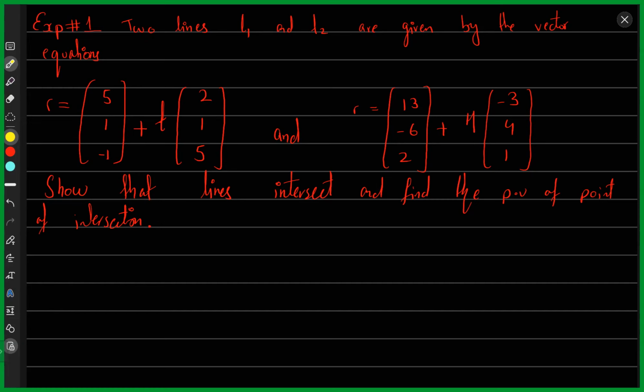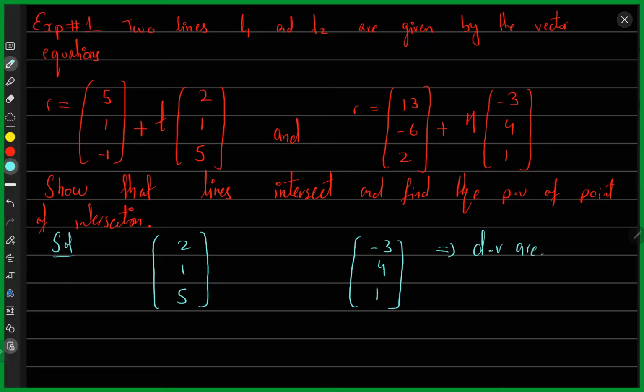Certainly, by looking at the two direction vectors, the first direction vector of line 1 is 2, 1, 5, and the second direction vector is minus 3, 4, 1. One thing is certain, that the direction vectors are not the same, because if they were the same, that would have implied that the lines were coincident.